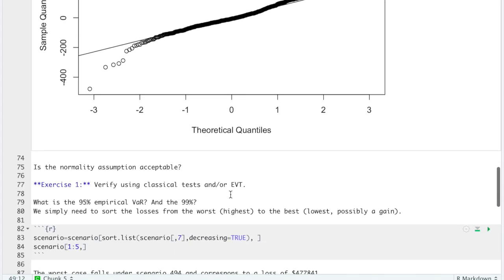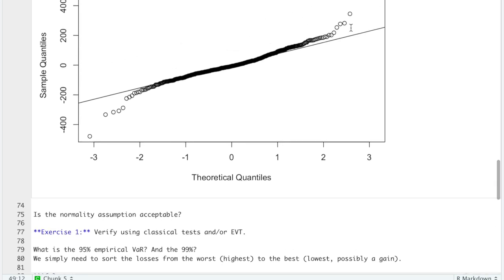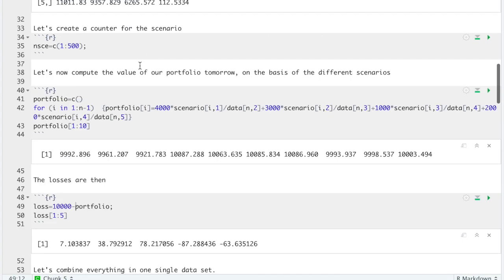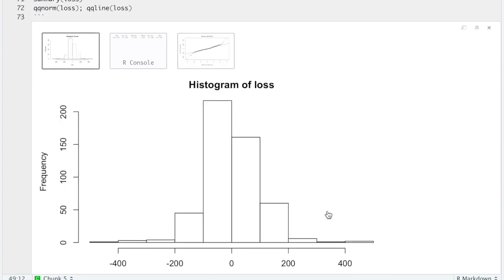You will see that in reality you have to reject the null hypothesis if you want to be precise. And why? Because the tails of this possibly bell-shaped distribution are essentially different from the tails we would expect under a normal distribution. They are thicker, okay? And that's why assuming normality every time is a problem.